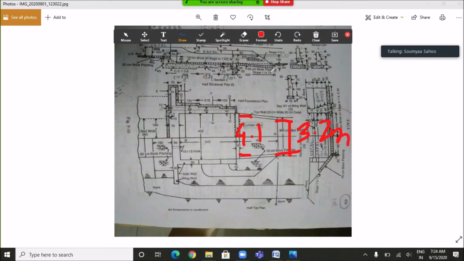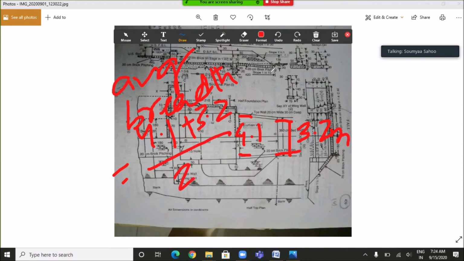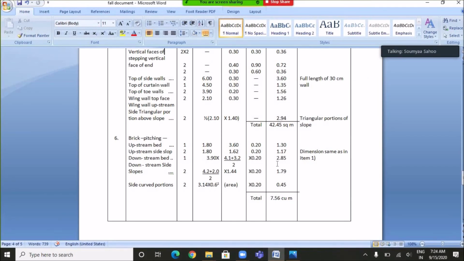So the average breadth will be 4.1 plus 3.2 divided by 2, and the brick pitching is done for a depth of 0.2 meter. So if we calculate the quantity, it will be 2.85 cubic meter.